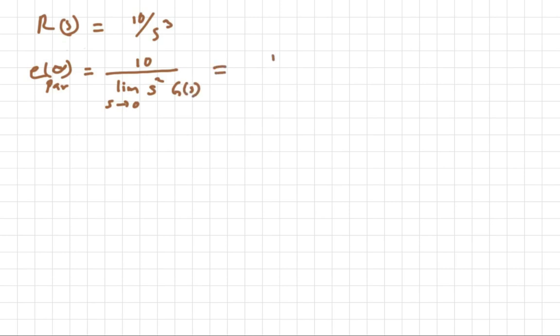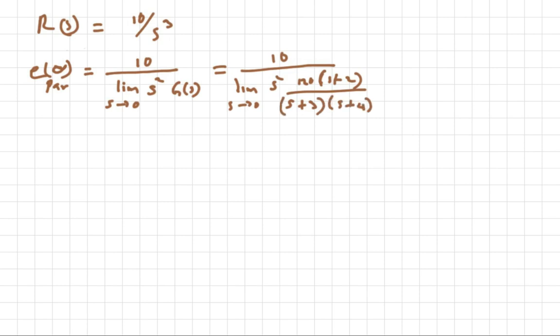If you substitute, that would be 10 over limit s tends to 0 of s squared, and here you have your G of s, which is 120 (s plus 2) over (s plus 3)(s plus 4). Of course, this will be 0, and so this will be 10 over 0, which is also infinite. So we have an infinite steady state error.